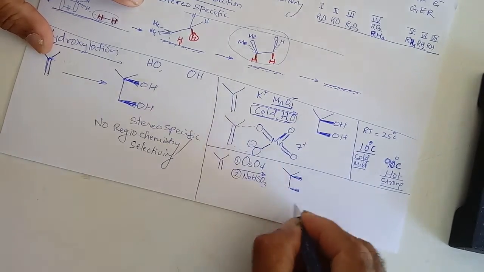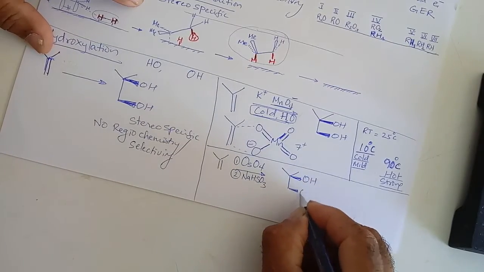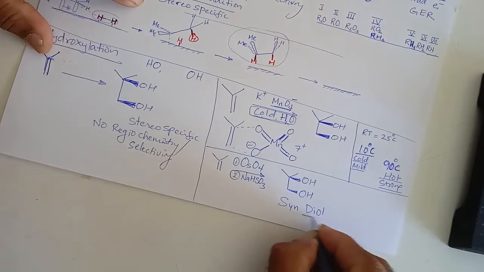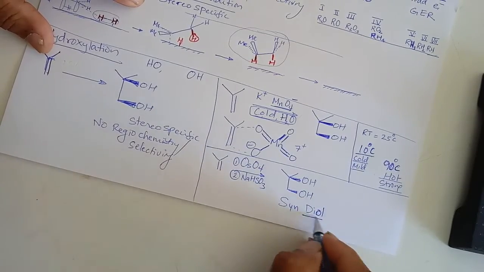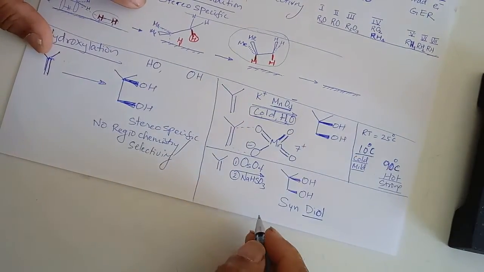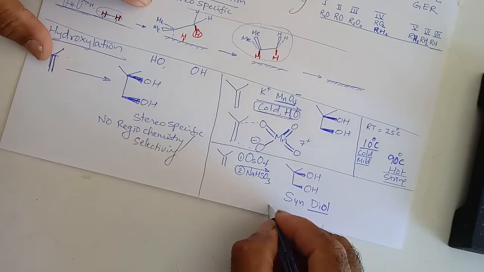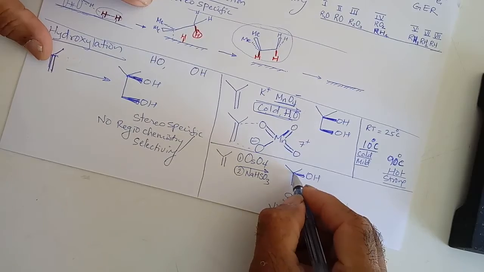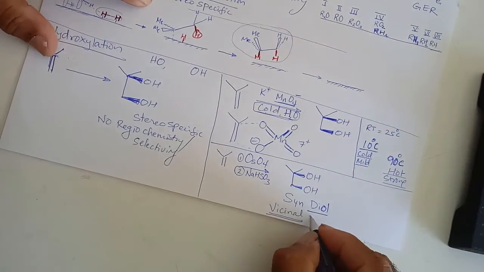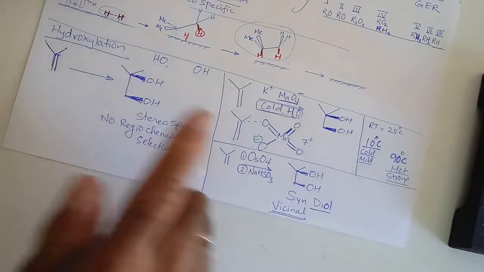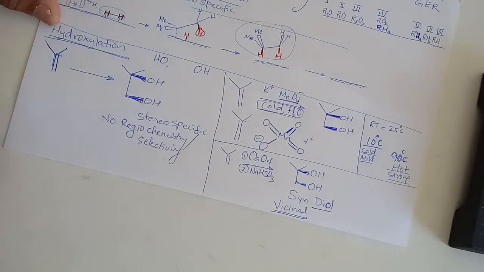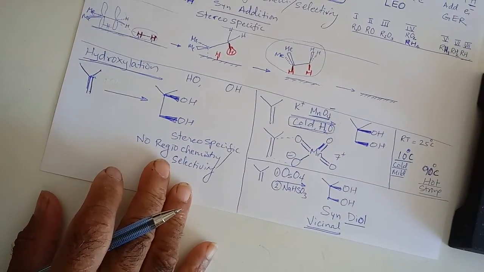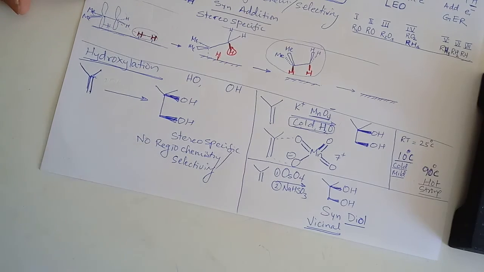This is called syn diol. Why is it diol? Diol means there are two ols in it, and they are also vicinal diols. Vicinal means they are on adjacent carbons. Vicinal diols. Okay? There is nothing more to hydroxylation than that. This is where the hydroxylation story ends.